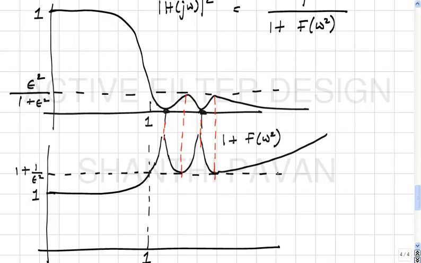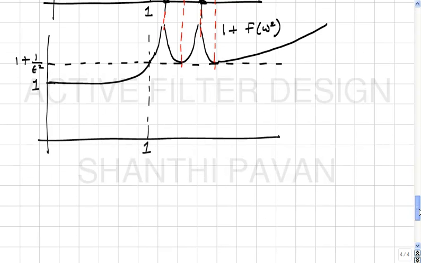Now, if 1 plus f of omega square looks like this, what must f of omega square look like?